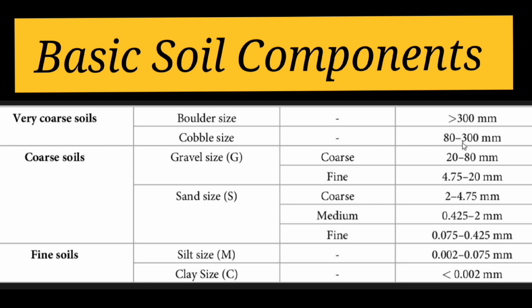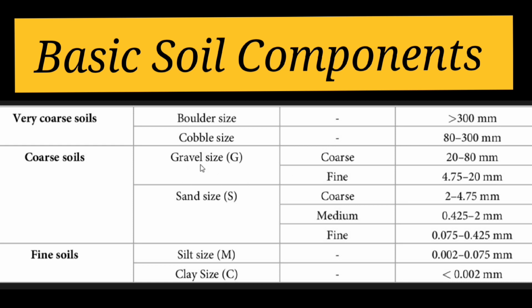Gravel is further classified as coarse gravel and fine gravel. For coarse gravel, the size is 20 to 80 millimeter, and for fine gravel it is 4.75 to 20 millimeter. The sand is further classified as coarse sand, medium sand, and fine sand.